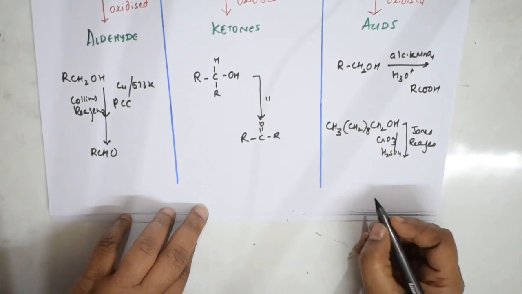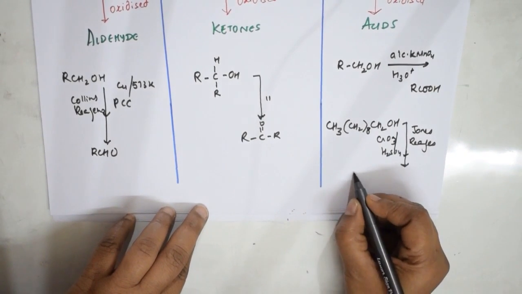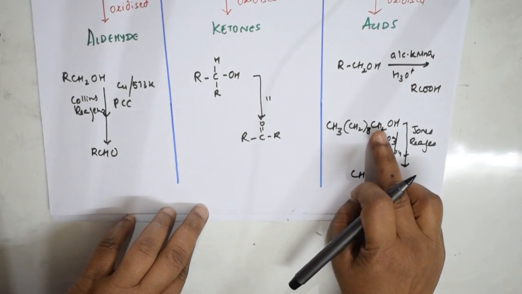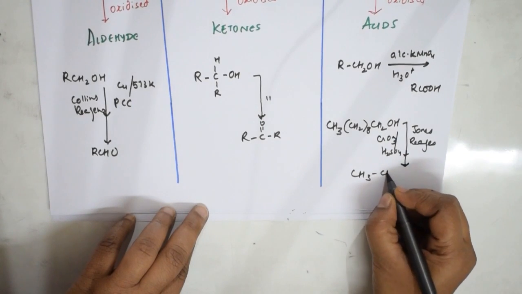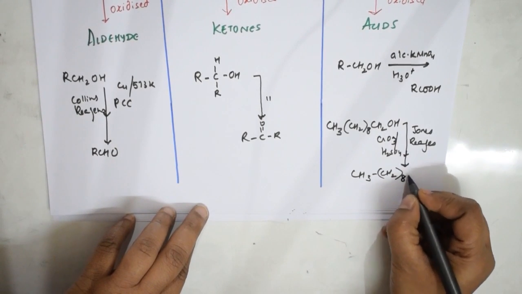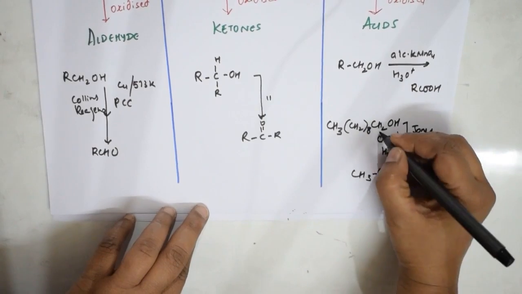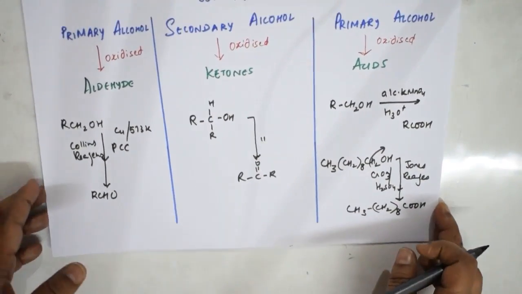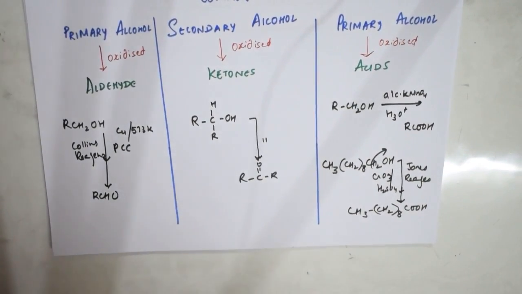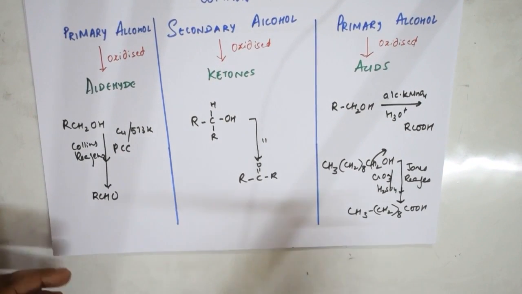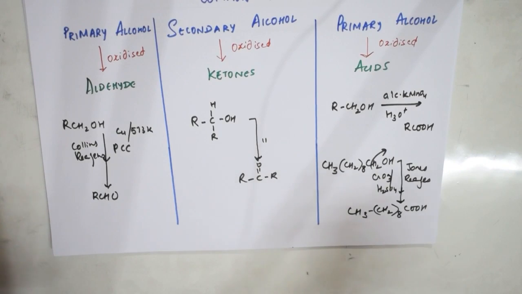So what do you get? You get an acid called decanoic acid. In the alcohol, this hydrogen is removed and you get the required acid COOH. This hydrogen is out and oxygen is in, right, students? So this is how you prepare aldehydes, ketones and acids using oxidizing agents.